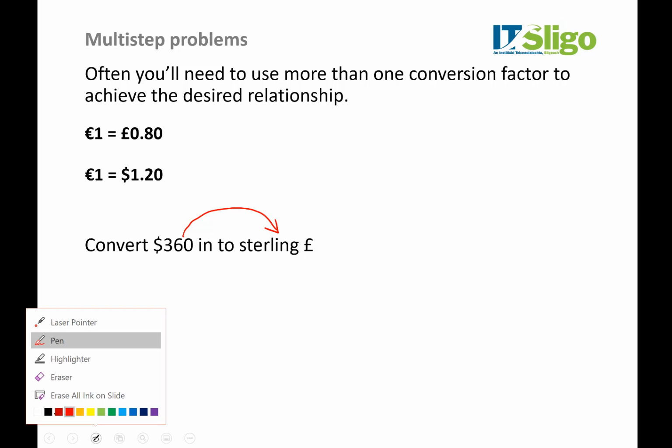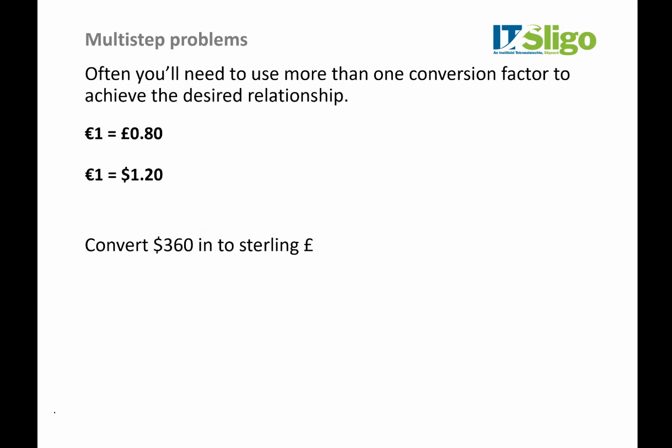We don't have that conversion rate in our list, but what we can do is go from dollars into euros, and then we can go from euros into sterling. So our first step, we're going to go from dollars into euros. We're going against our given conversion factor. So the first step, guys, to get from dollars into euros, we need to multiply by this conversion factor here.